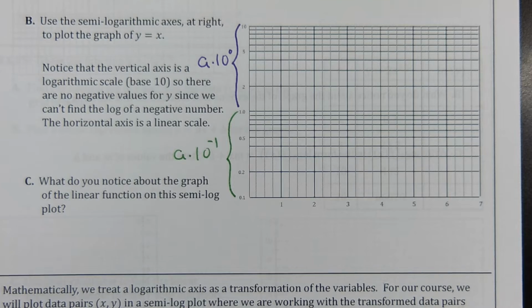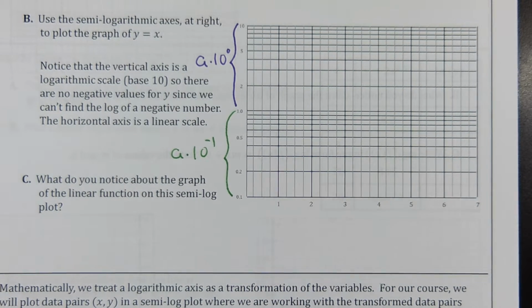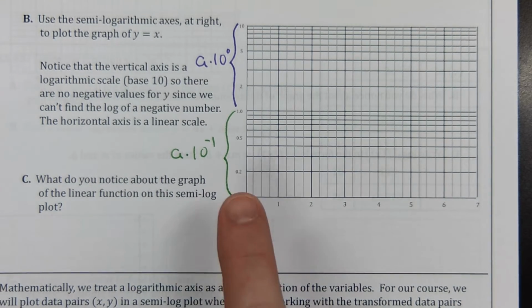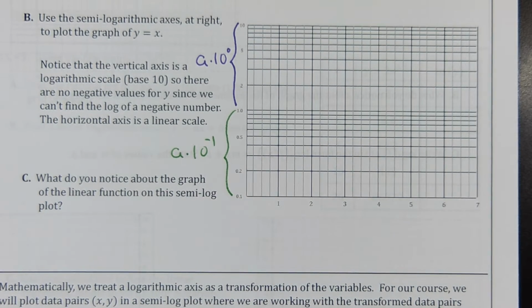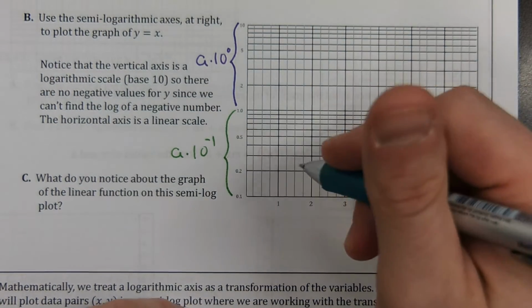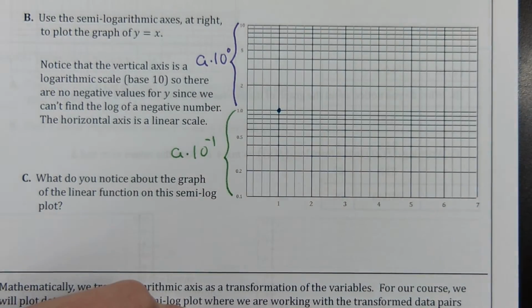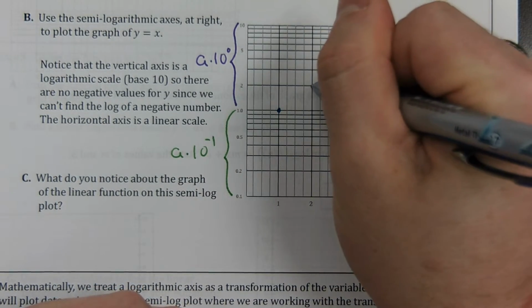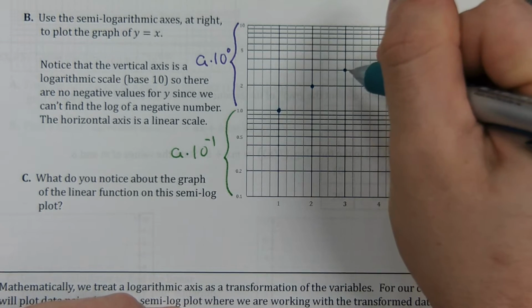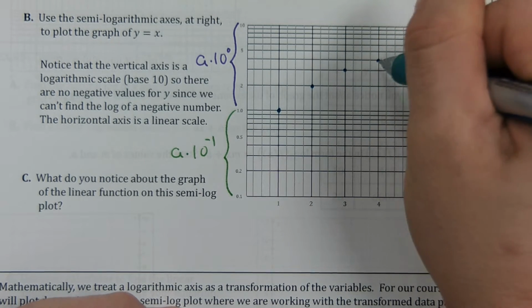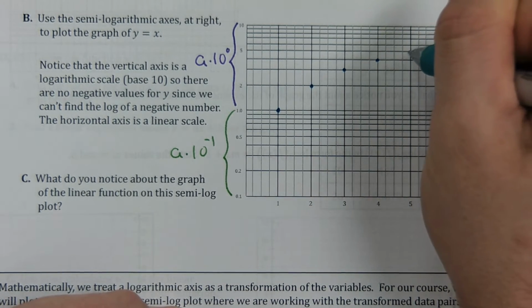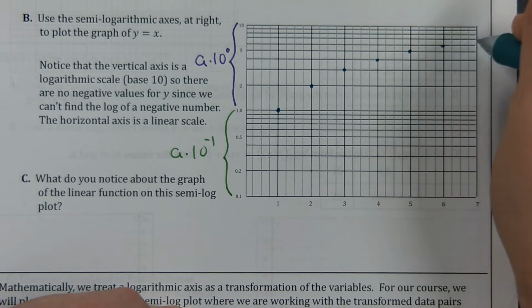Well, we can't do any negative x's because our grid begins at x equals 0. Our first coordinate would have been 0, 0, and shucks, 0, 0 does not exist on this graph. So the next thing we could do is 1, 1. 1, 1 is here. Then 2, 2, 3, 3, 4, 4, 5, 5, 6, 6.